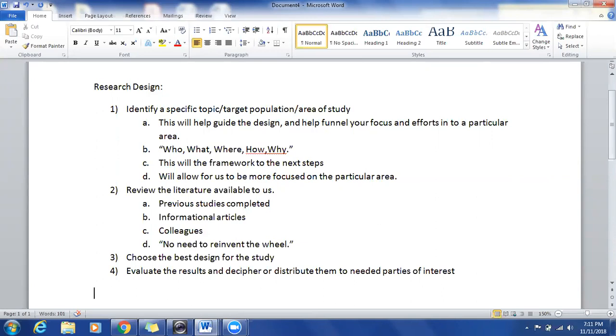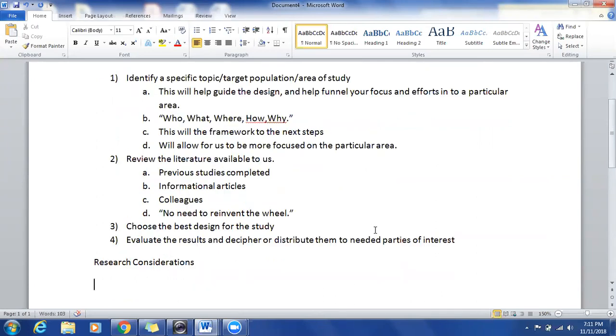Once we figure that out, we need to choose the particular design. But before that, we have some considerations to decipher through. We have 2 forms of consent or assent, and these 2 are the driving force to all of our studies.